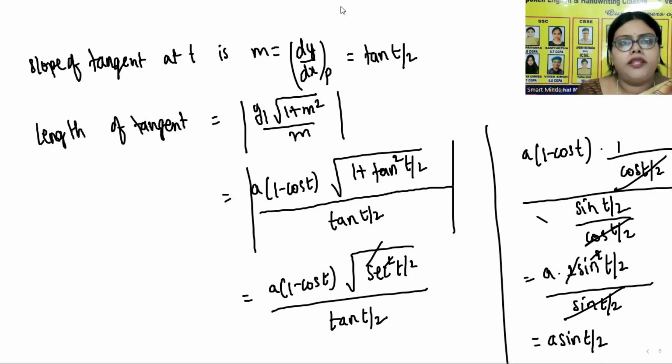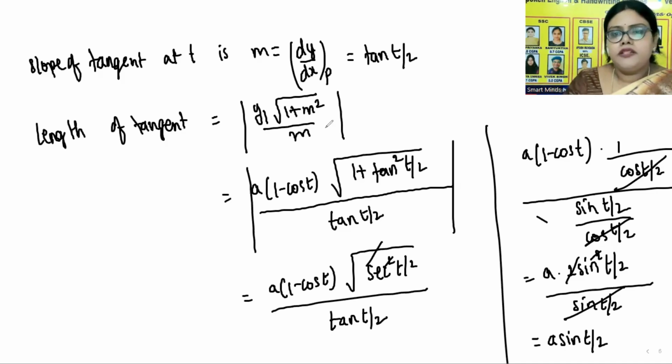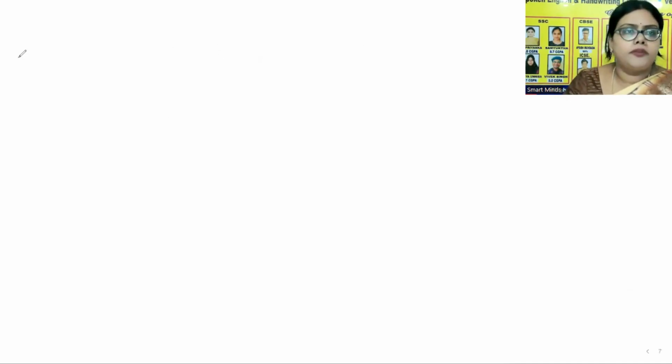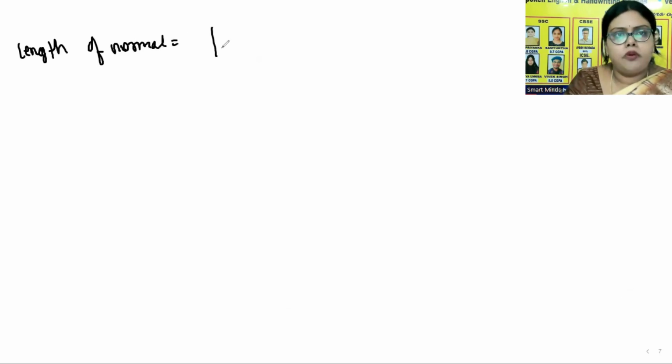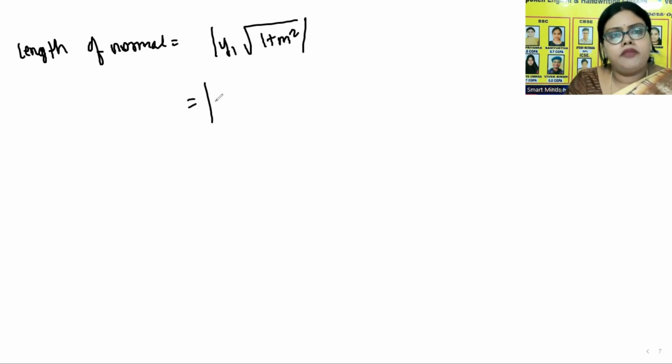Now we need to find length of normal. So what is the formula for length of normal? Length of normal is mod y1 into root 1 plus m square. So what is y1 from the question?